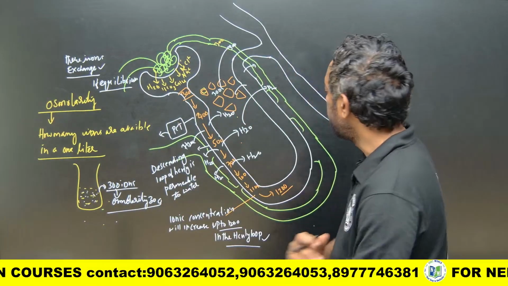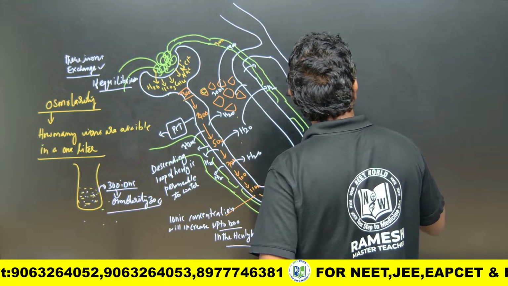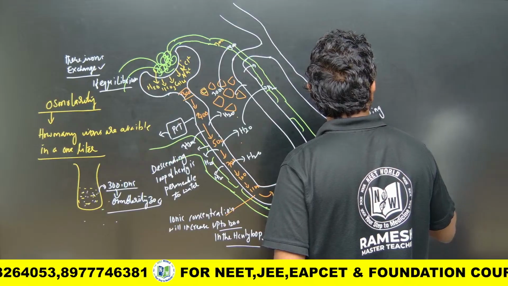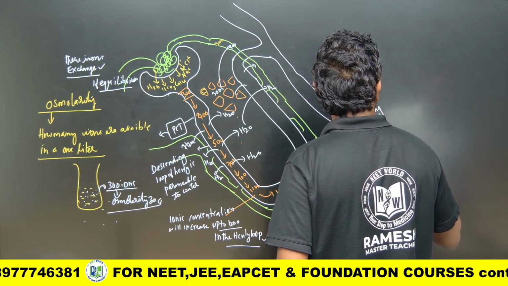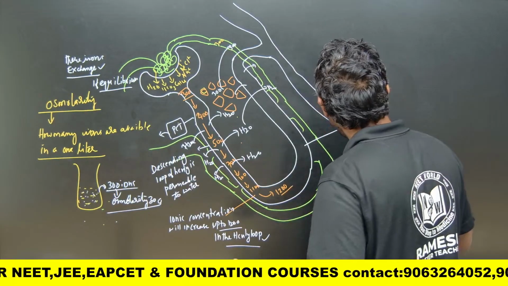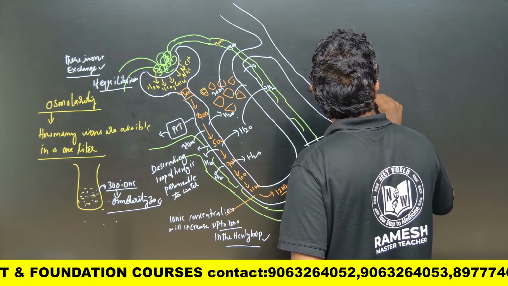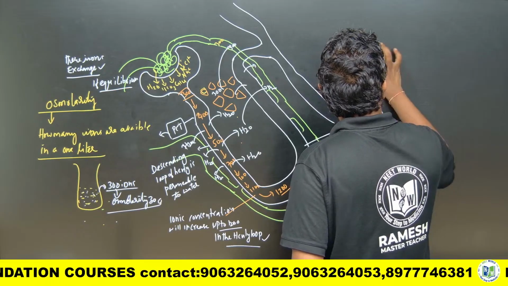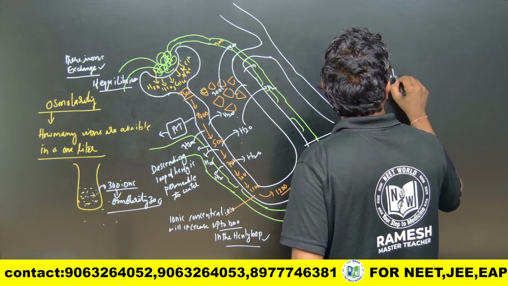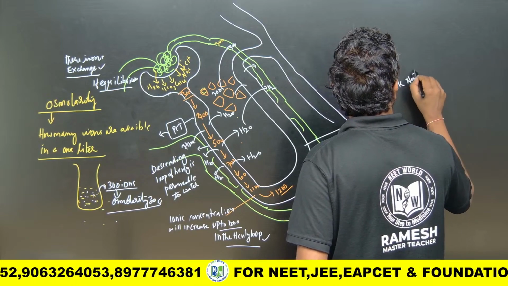Coming to the ascending limb of Henle, it is permeable to ions like sodium ions.